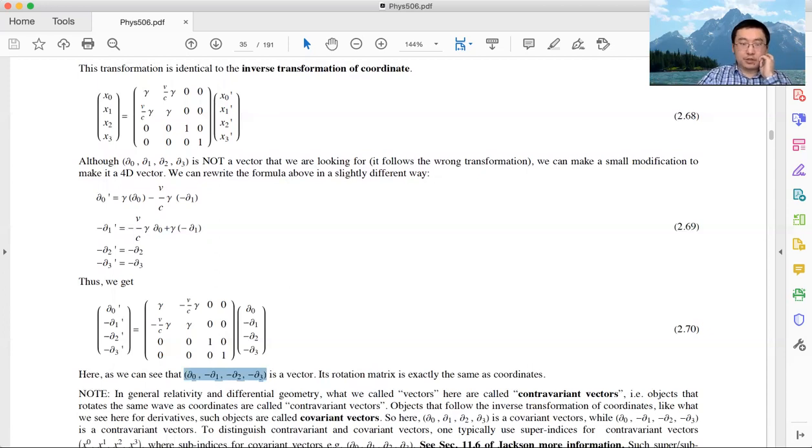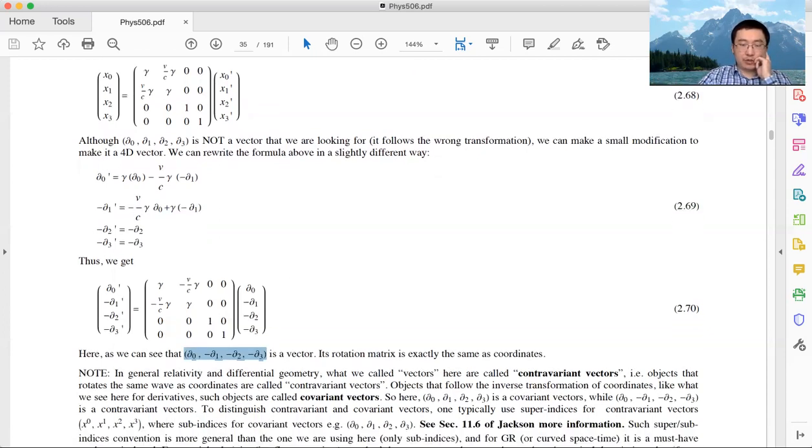So it's probably a good time to introduce some additional terminology here. In special relativity, and especially in general relativity, we distinguish two types of vectors. One is the so-called contravariant vector. The other is the so-called covariant vector. A contravariant vector is what we currently call the vector.